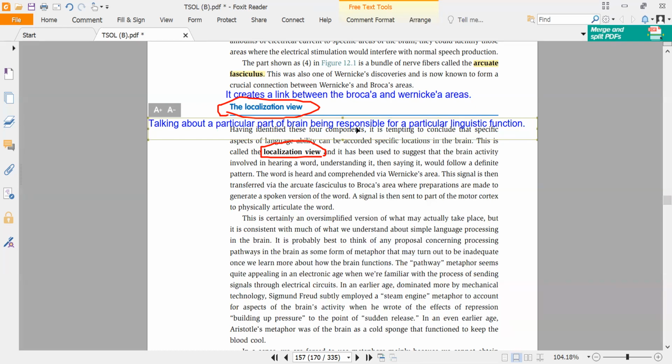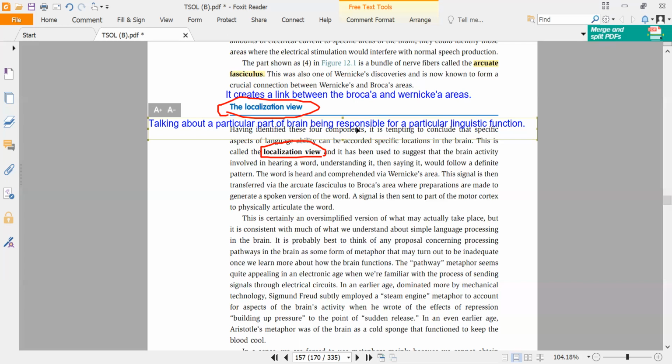To put it simply, when we specify a particular part of the brain to a particular function of language, this view, this perspective, this idea is basically called the localization view, right? It's not about the production of speech or Broca's area only.